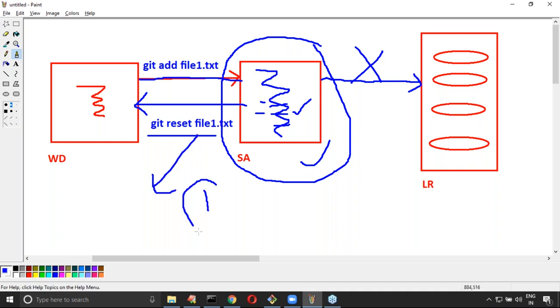Git reset means remove the changes whatever you added to the staging area. Can you please discard these changes? Then we go for git reset. This is the first utility, sir.